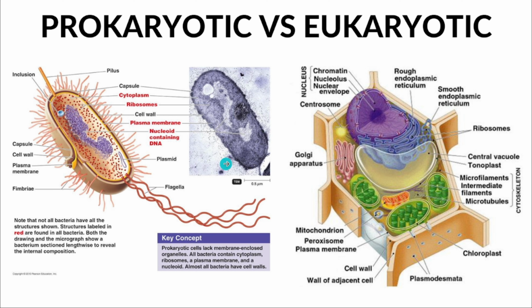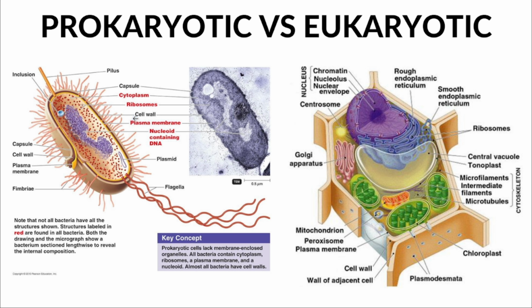Okay, another difference you can see is that the prokaryotic cell is more simple compared to the eukaryotic cell. The eukaryotic cell is larger. Why? Due to the organelles. The prokaryotic cell does not have many organelles. The organelles are only the nucleoid and then ribosome, that's all.